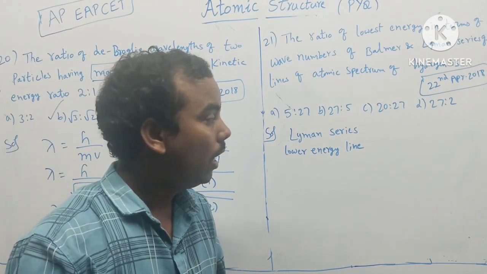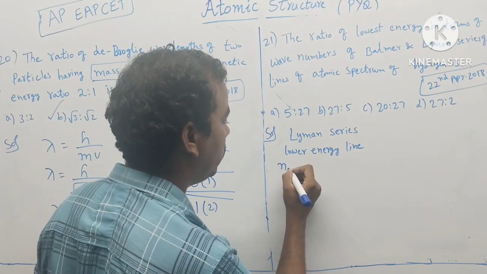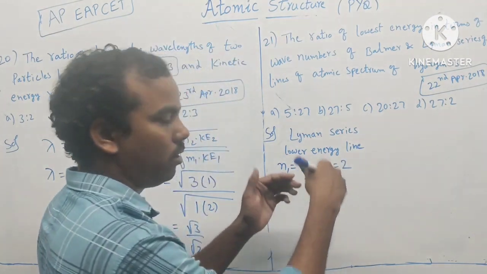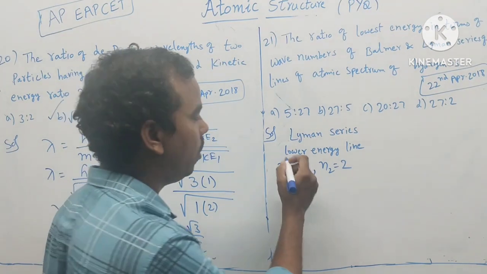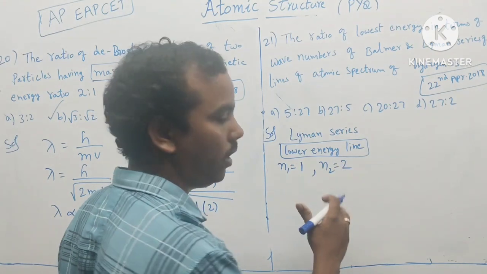That is the highest energy line. But lower energy line means, for Lyman series, n1 is equal to 1, n2 is equal to 2, the first line, 2 to 1. The first line is called the lower energy line, the infinite line is called the highest energy line.